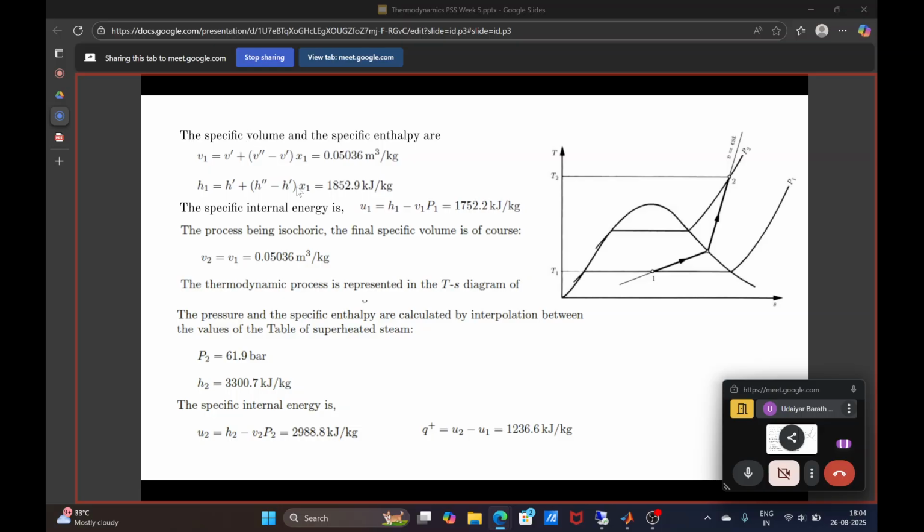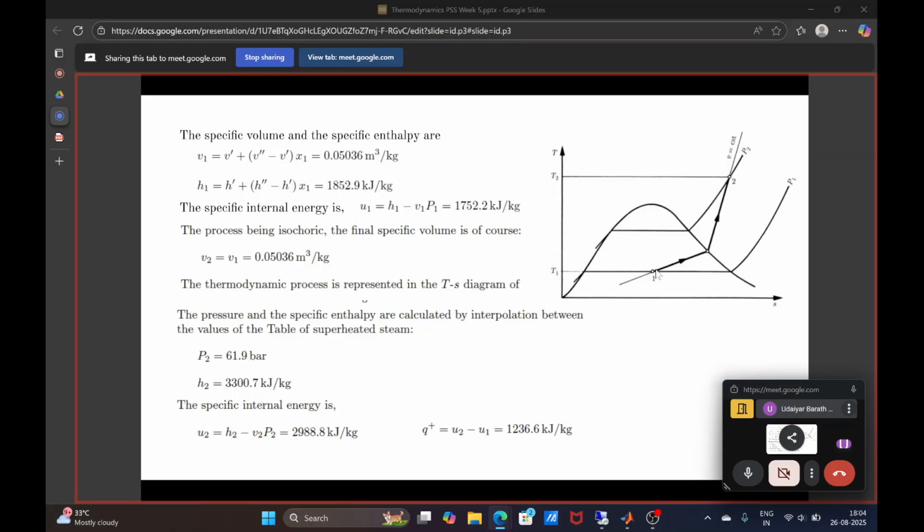Enthalpy is internal energy plus P times V. So the specific volume and specific enthalpy are calculated, and just as you calculate internal energy, you calculate the other properties. Your saturated liquid specific volume plus the change in volume between saturated vapor and saturated liquid, multiplied by the vapor fraction, will give you the specific volume at any point x.